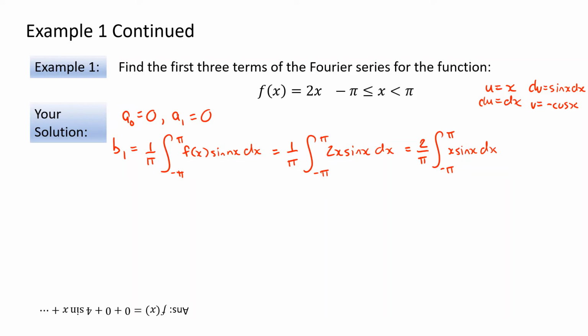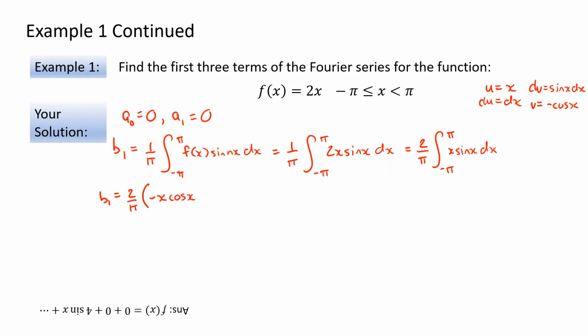So with that, if we substitute these values in, we get b1 is equal to 2 over pi, and remember with integration by parts, we have u times v, which is x times negative cosine of x, or negative x cosine of x.